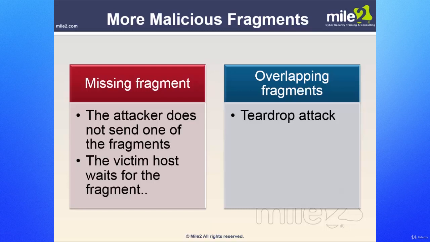We also have overlapping fragments, and as I mentioned before, it's called the teardrop attack. In IDS evasion techniques, you craft a series of packets with TCP sequence numbers that are configured to overlap. So let's say the first packet includes 80 bytes of payload, but the second packet's sequence number is 76 bytes after the start of the first packet.